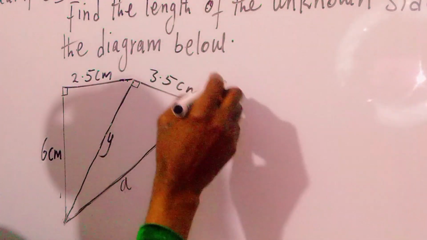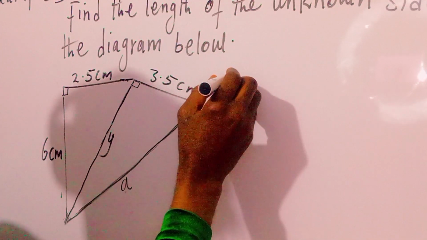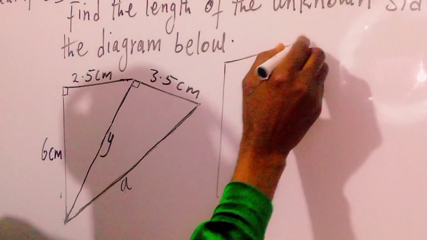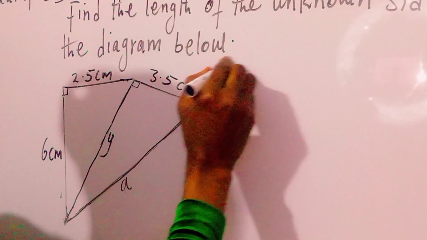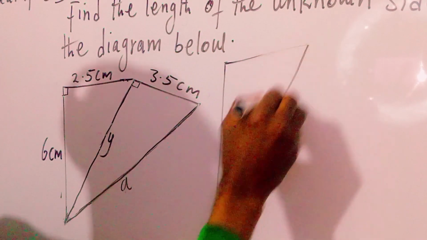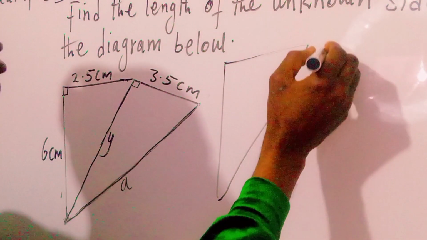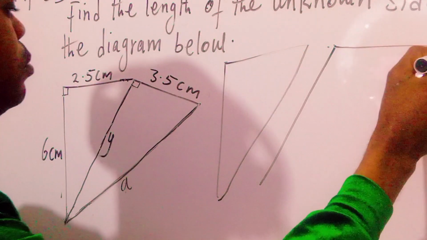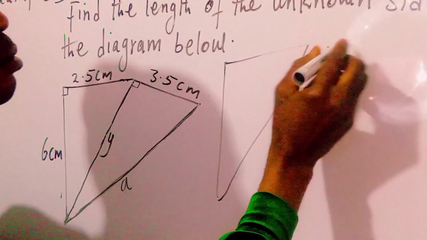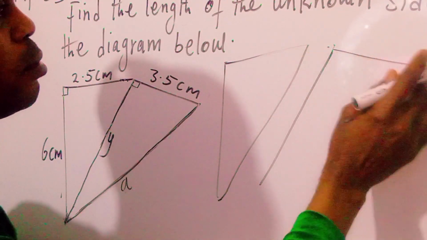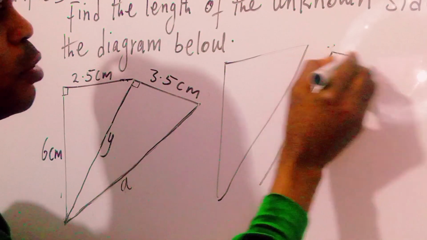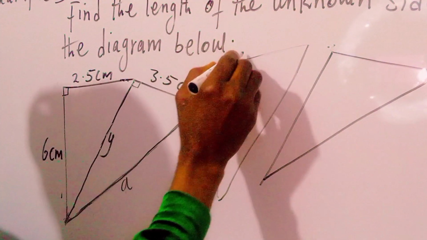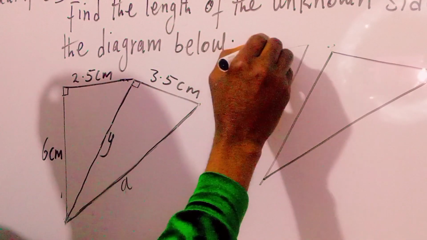So let's try to separate these two triangles from each other. The first triangle, you're going to have this, and on the second triangle, you're going to have this. So on this side, you have 2.5 centimeter.